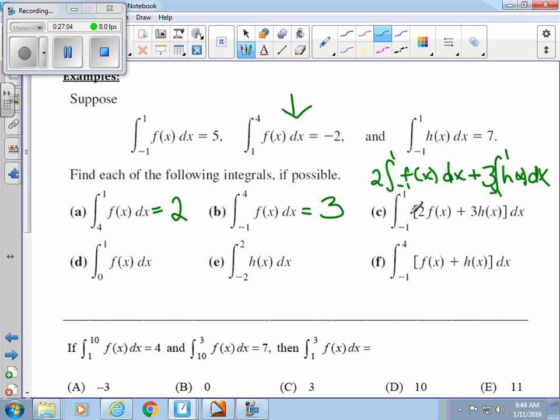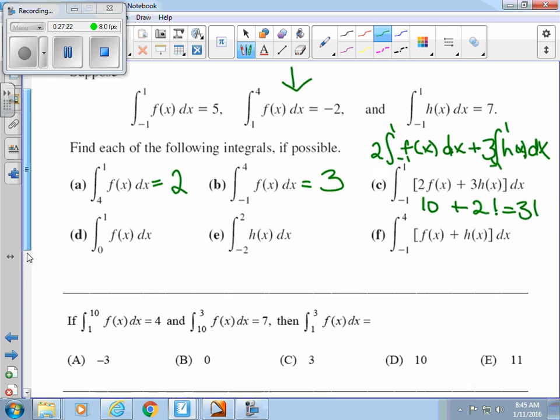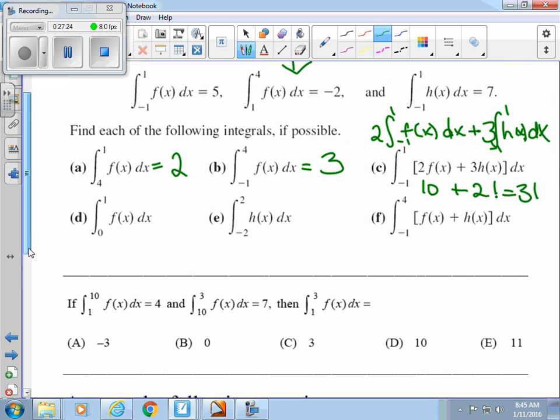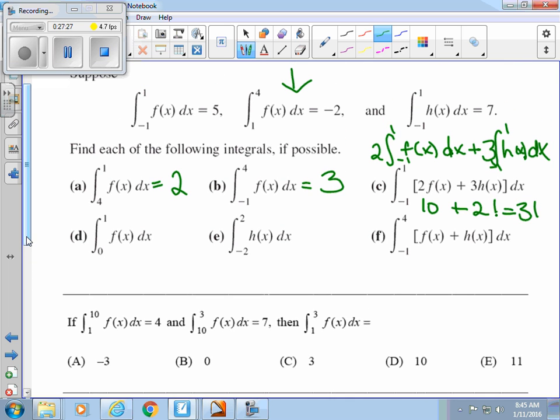So what's 2 times the integral of f of x from -1 to 1? What's 3 times the integral of h of x from -1? And so that answer is 31. This takes some getting used to. However, at this point, are you excited that these show up on AP problems? They're not horrible. We got to learn the properties and memorize the properties, but so far so good.